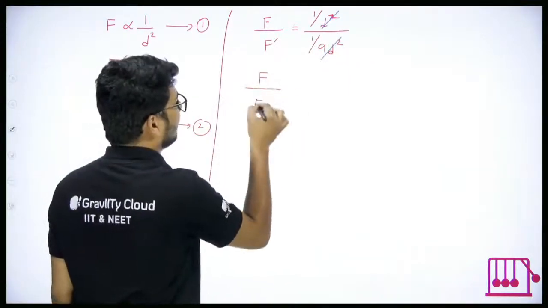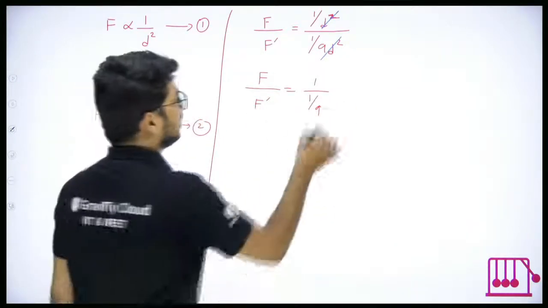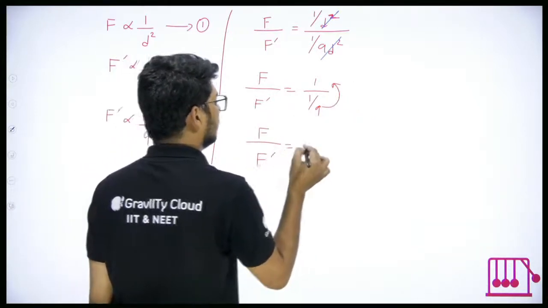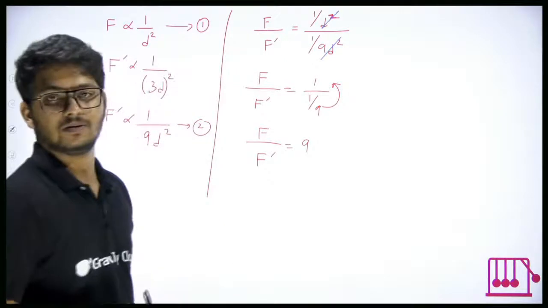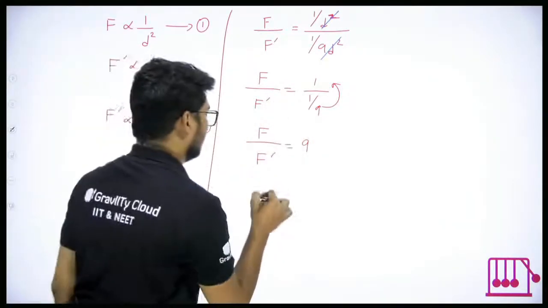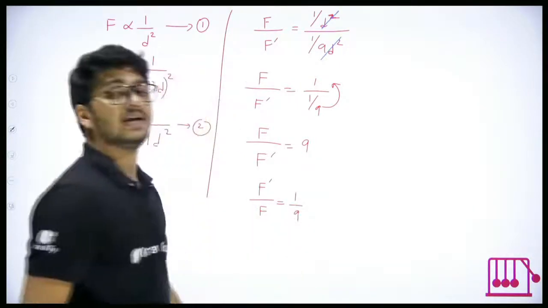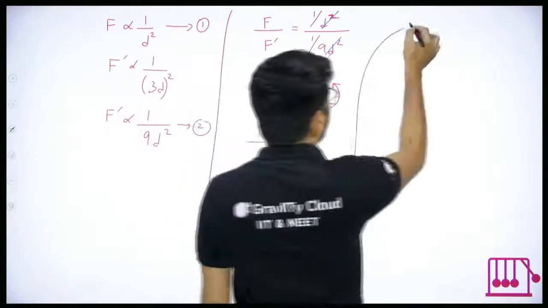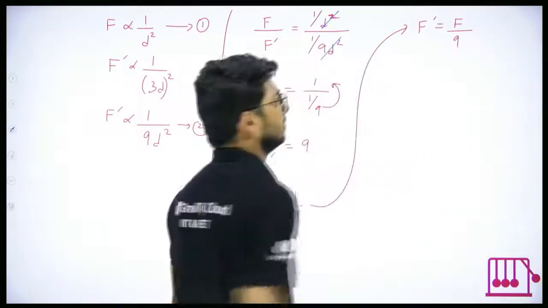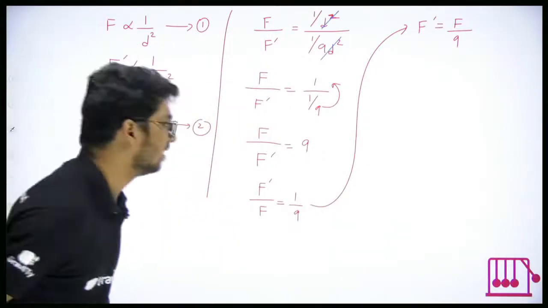F upon F dash is equal to 1 by 9. 9 goes to the numerator, so F by F dash is equal to 9. But what we need is F dash. Let's do the reciprocal. When you do it, it becomes F dash by F is equal to 1 by 9. So from this, you can say that F dash is equal to F by 9.